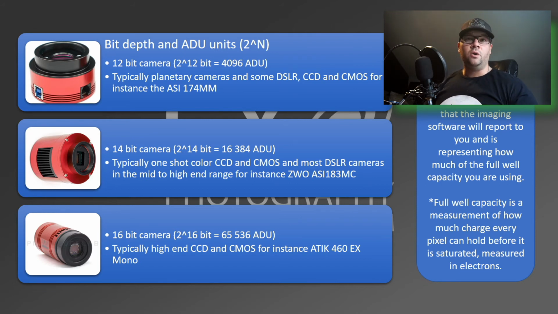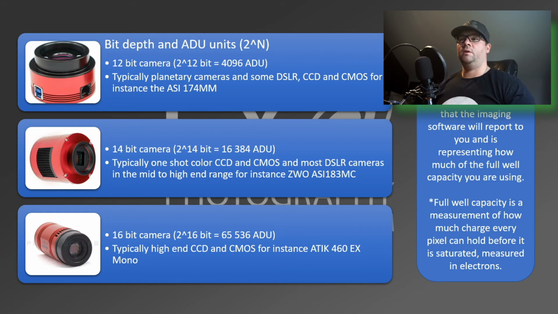So how do I know which level I need to hit? Well, if we take a typical planetary camera, I am showing you some ZWO cameras right now, planetary cameras are usually 10 to 12 bits. In this case, a 12-bit camera is holding about 4000 ADU units.